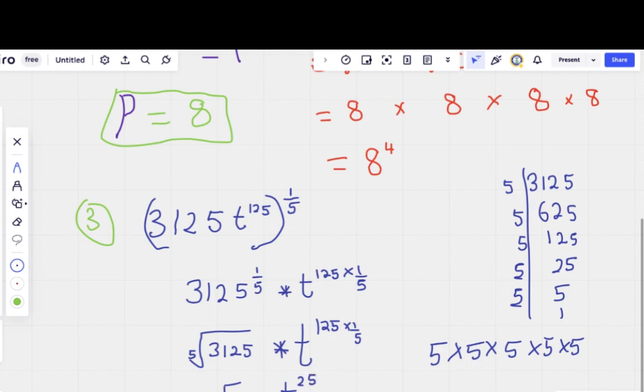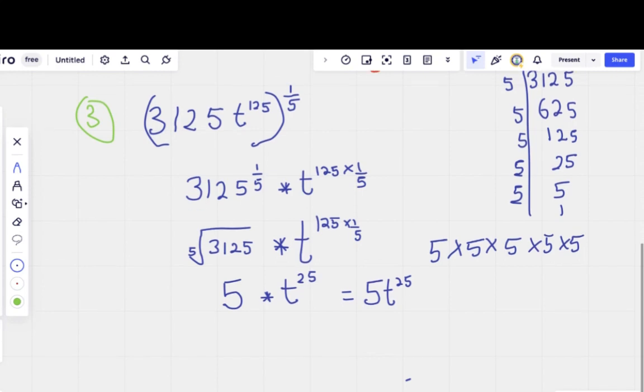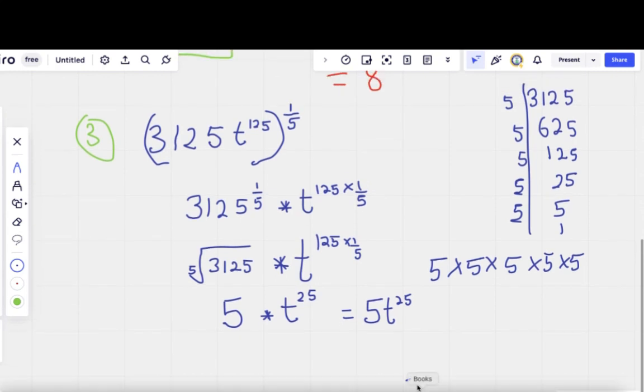So at the end of the day, our answer is 5t to the power of 25. Is that okay? Hello? Yes, yes. Okay, now let's take another question.